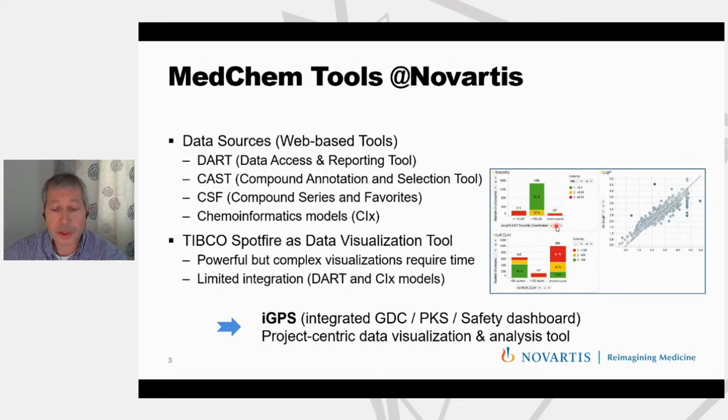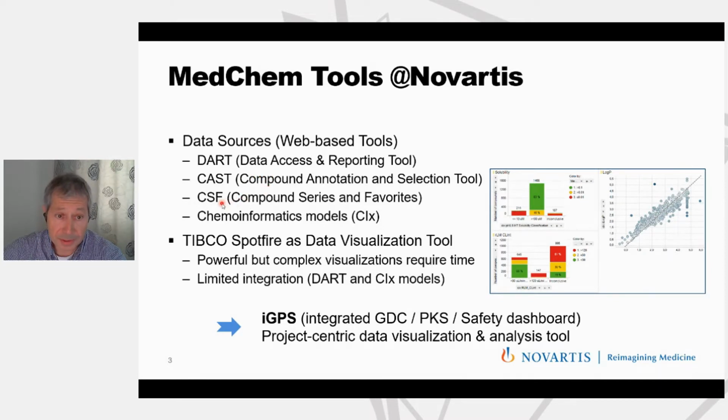So at Novartis, the project data that medicinal chemists take into account during lead optimization is spread across several web tools. We have DART, which is an application for easily searching compound and assay data. We have CAST, which is designed to track new ideas for chemical structure.